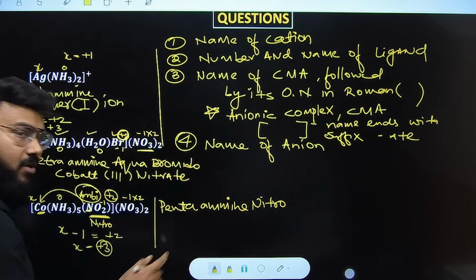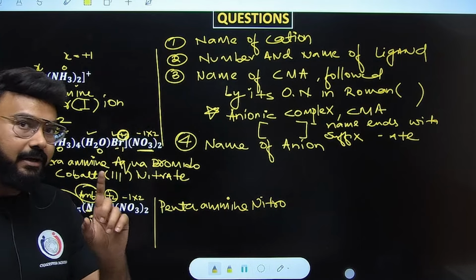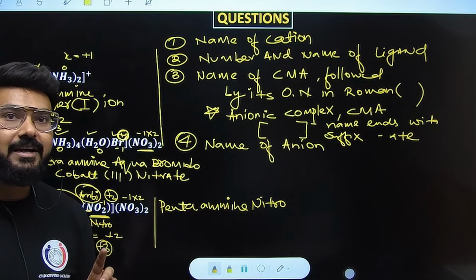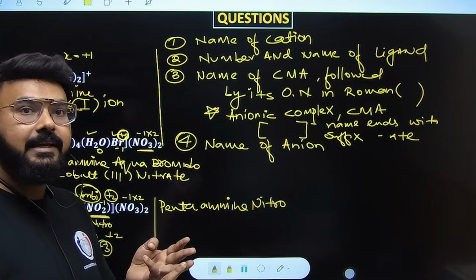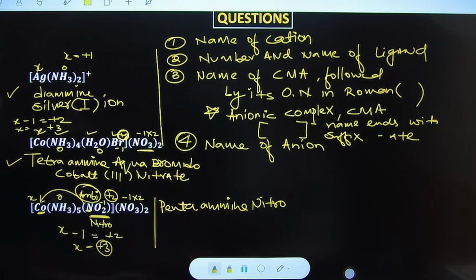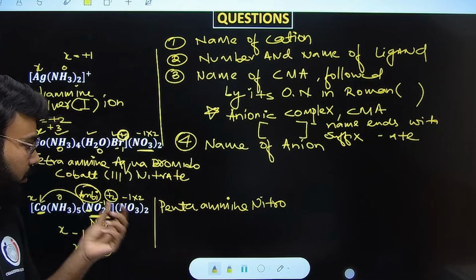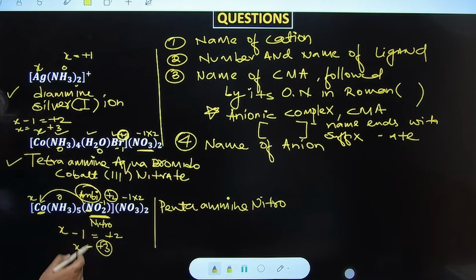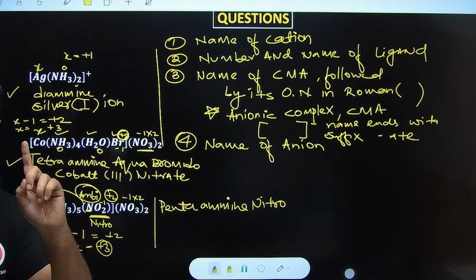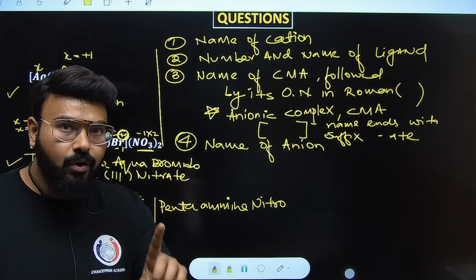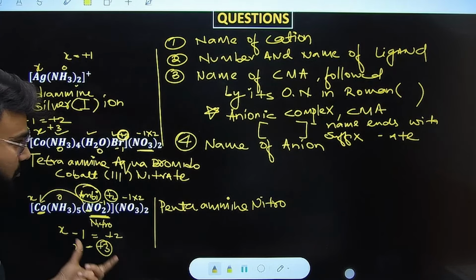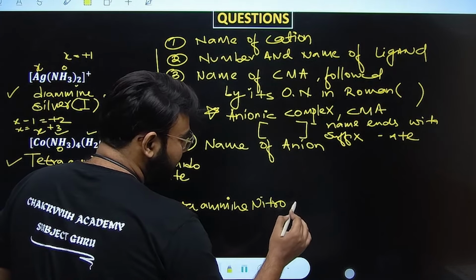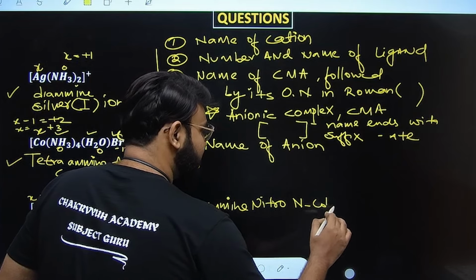Then before writing the central metal atom name, I repeat, whenever you have ambidentate ligands such as NO2, ONO, SCN or NCS, before writing the central metal atom name, you always indicate who the donor center is. So when it's nitro, N is the donor center. When it's ONO, who is the donor center? O. So before writing the central metal atom name, you have to write N cobalt, like this.